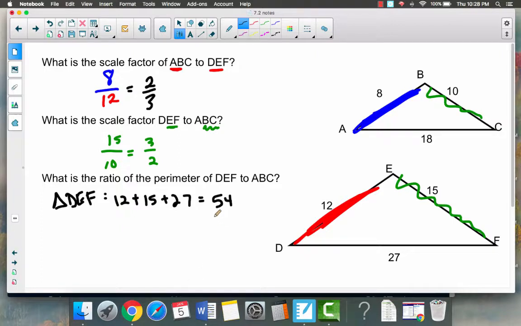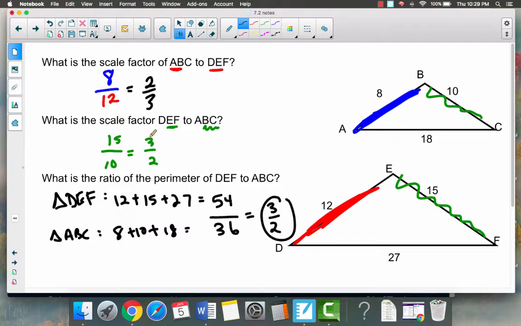So 54 is going to be on the top. And then if I do the same thing for triangle ABC, and I add up all those sides, so 8 plus 10 plus 18, I end up getting, let's see, 36. And then 54 over 36, if we reduce that down, we should get 3/2.